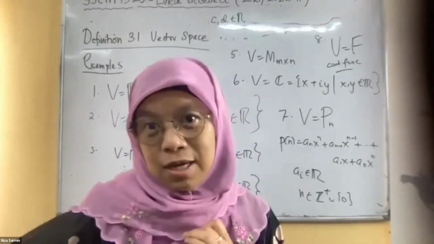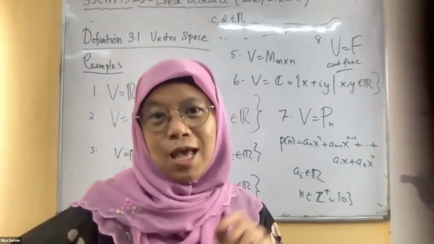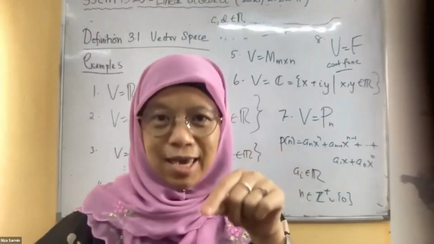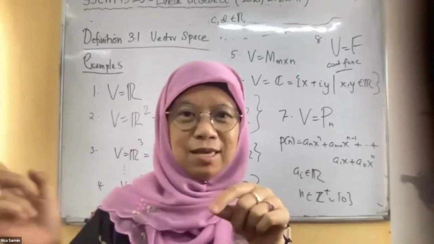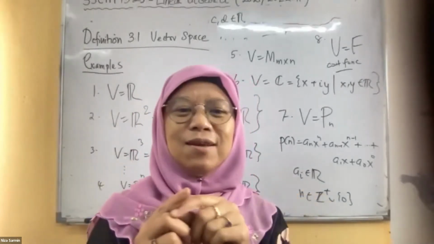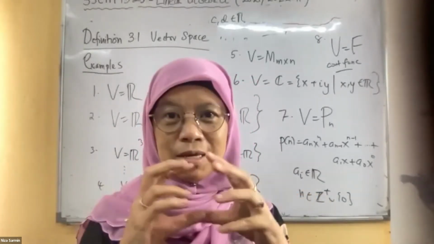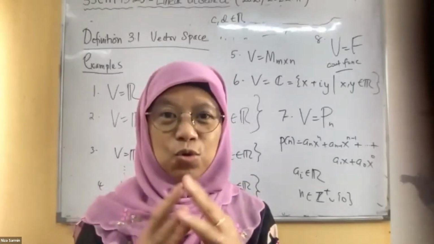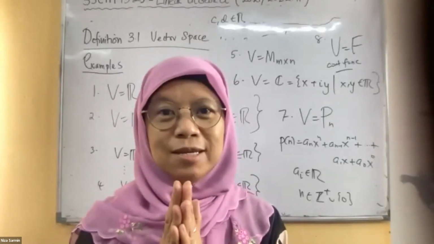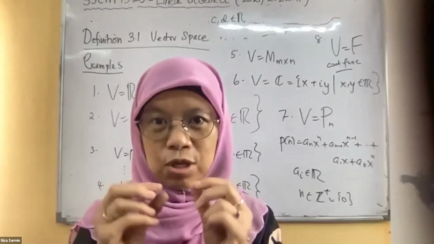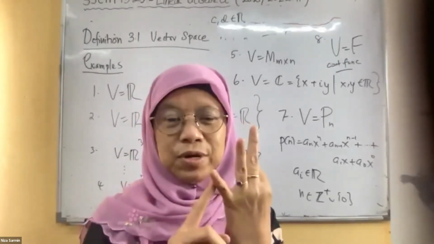A function is continuous at a point a if the limit of f(x) is the same as the value of the function at that point. You have 3 conditions, right?